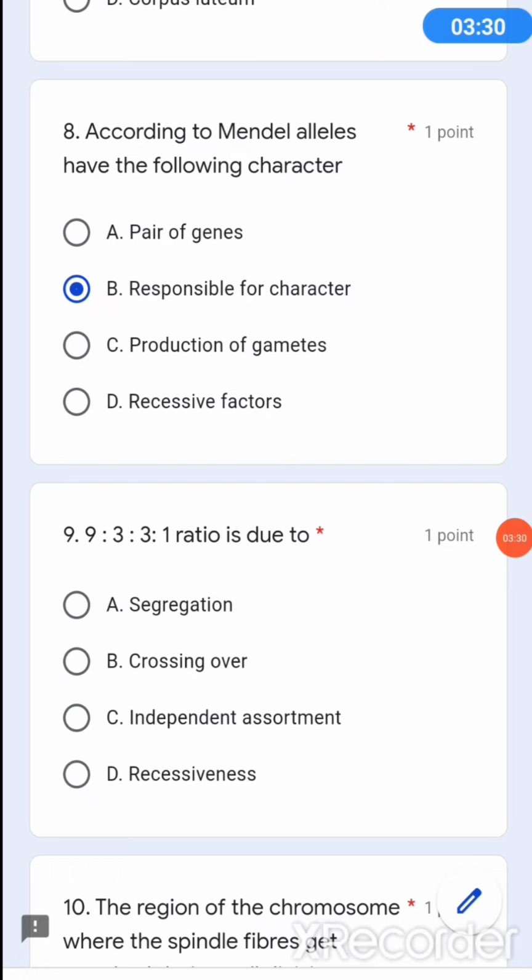The 9:3:3:1 ratio is due to independent assortment.